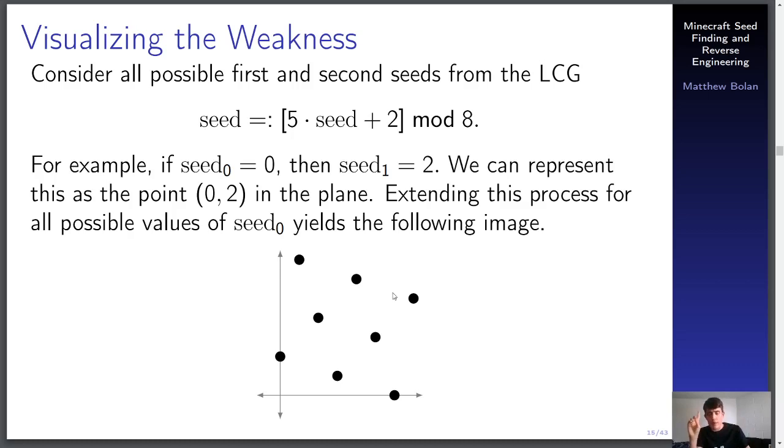Oh, by the way, I wanted to mention this. I messed up. I did this whole example with this LCG, but this LCG that I'm using as my example has a slight problem, which is that you really don't want this plus 2 to be a divisor of 8. You don't want the thing you add to divide your modulus.